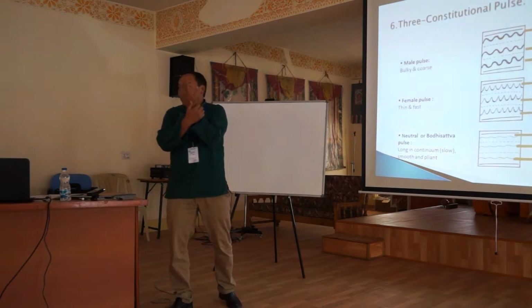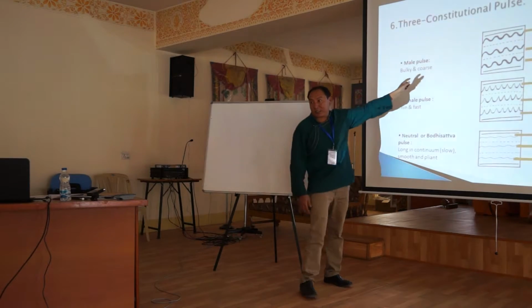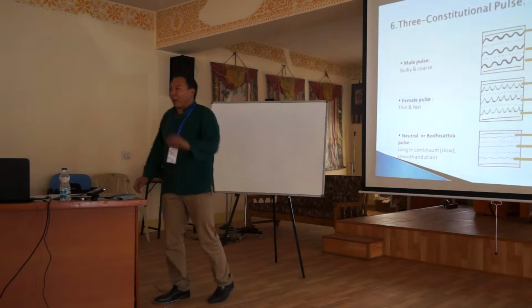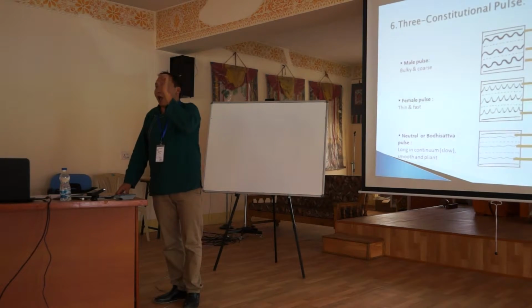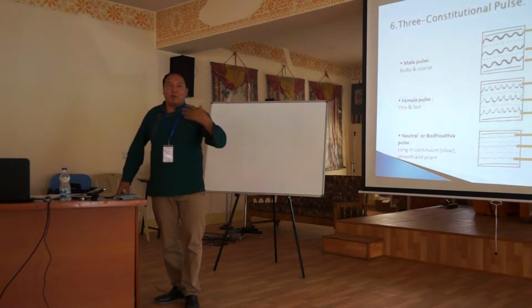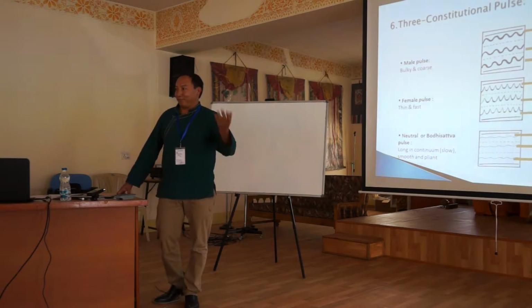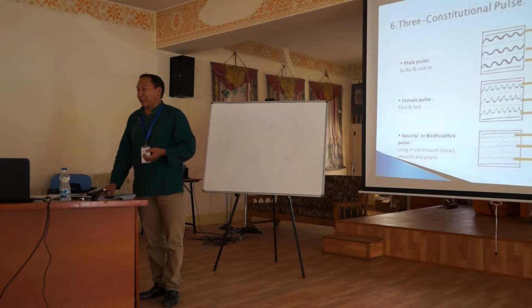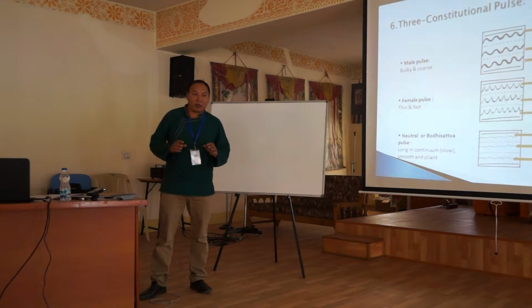If the male has the female pulse characteristic. Then if a female has a male pulse characteristic, then the female will give birth to many boys, sons, right? So this is the difference. Do you understand?